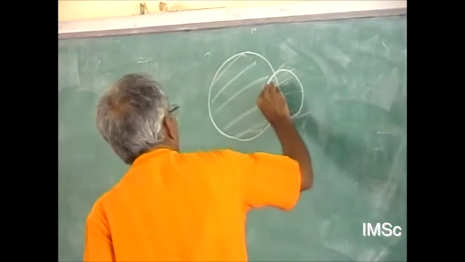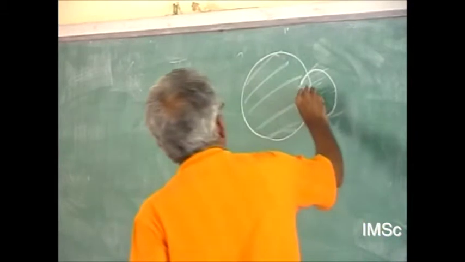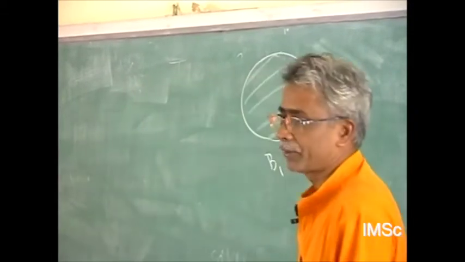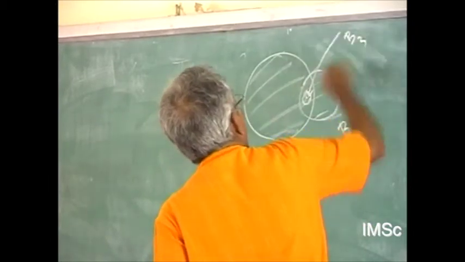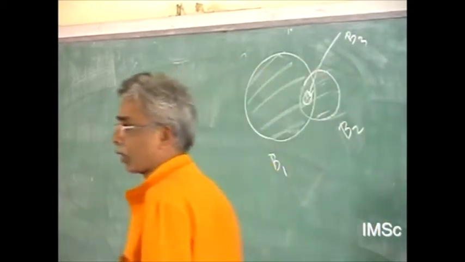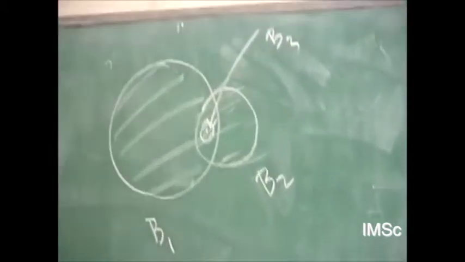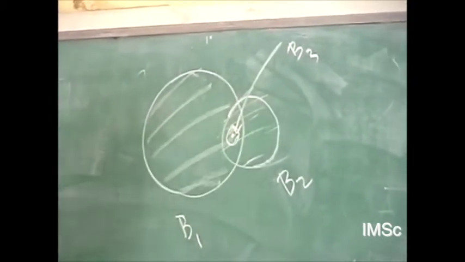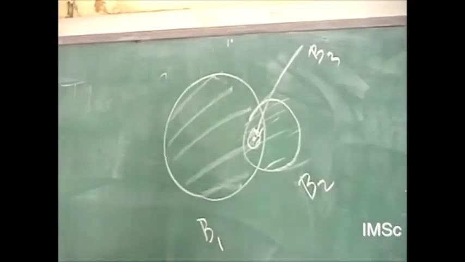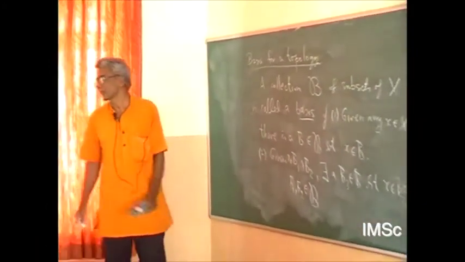But you can find a smaller open ball which contains that point and is contained in the intersection. So if this is your B2, then this is your B3, and B3 is contained in B1 intersection B2, contains the given point x, and is entirely contained in the intersection. When these two properties hold, you say that B is a basis.